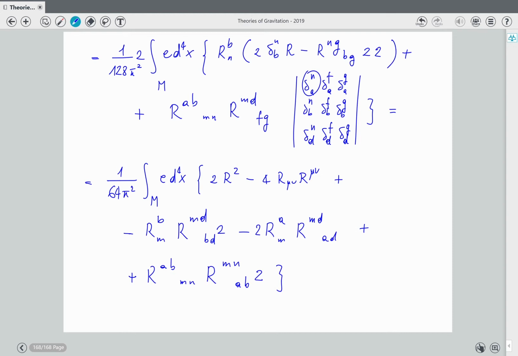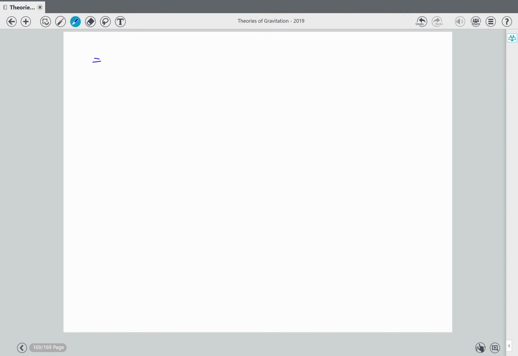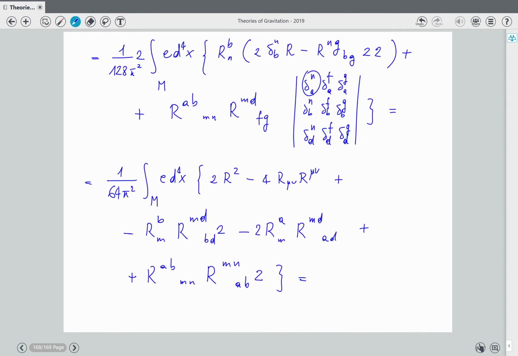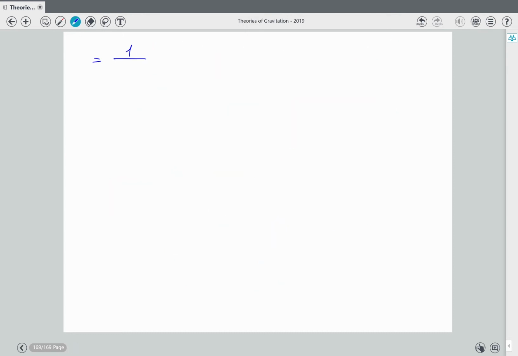So now we just collect what we get. One divided by 64. Let me go back to the 32 we had because everything is multiplied by 2. 32 by squared.